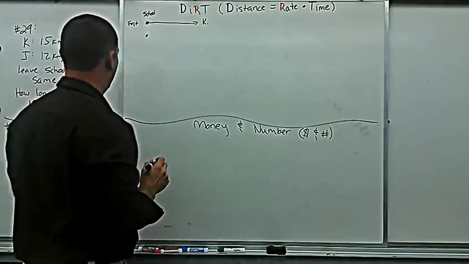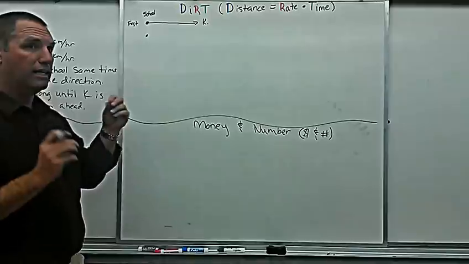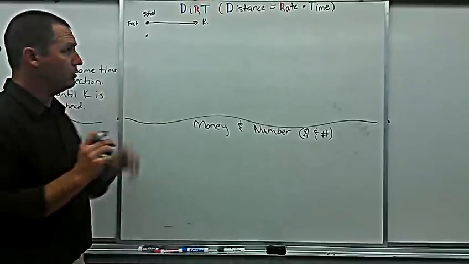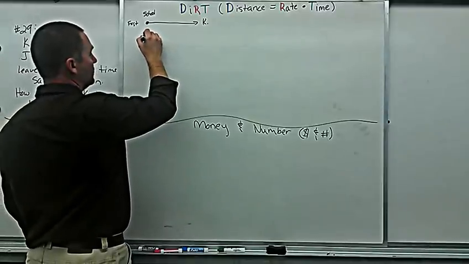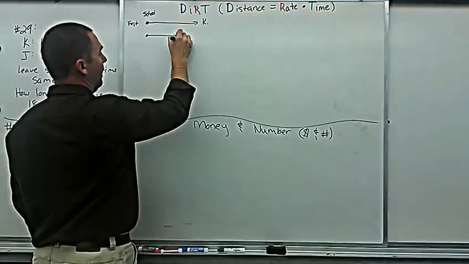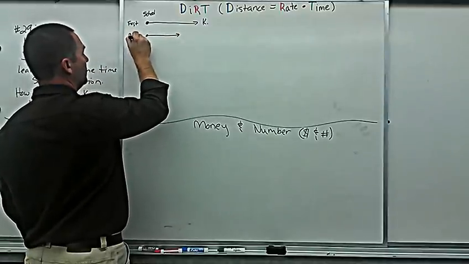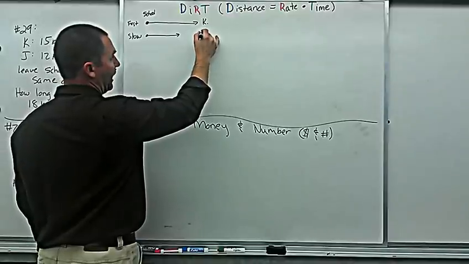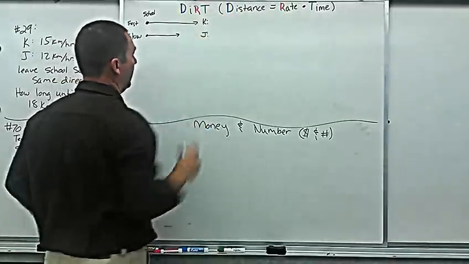And then we have a slow person. In this one, it tells us they leave school at the same time, going the same direction. So to show that this is the slow person, I'm going to make it so that the slow person doesn't go as far. And that's Jack.